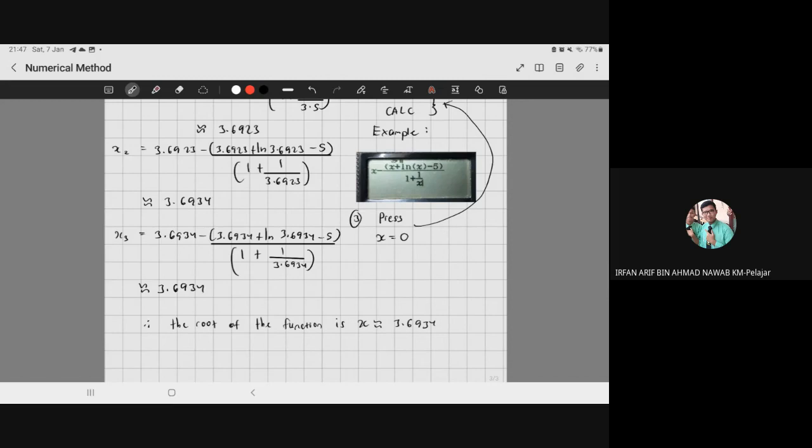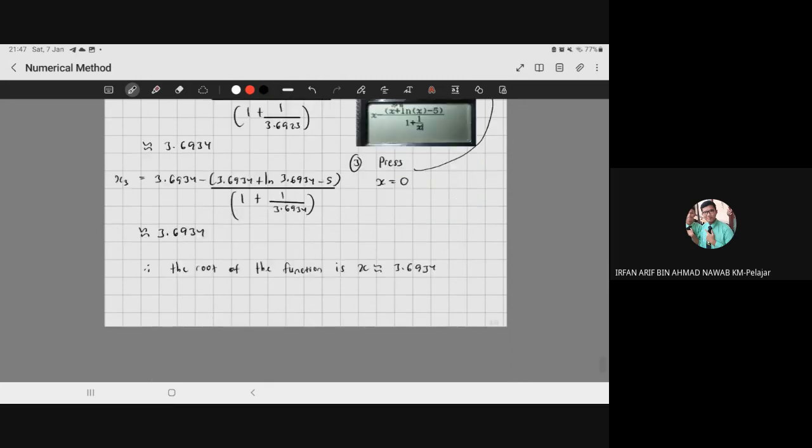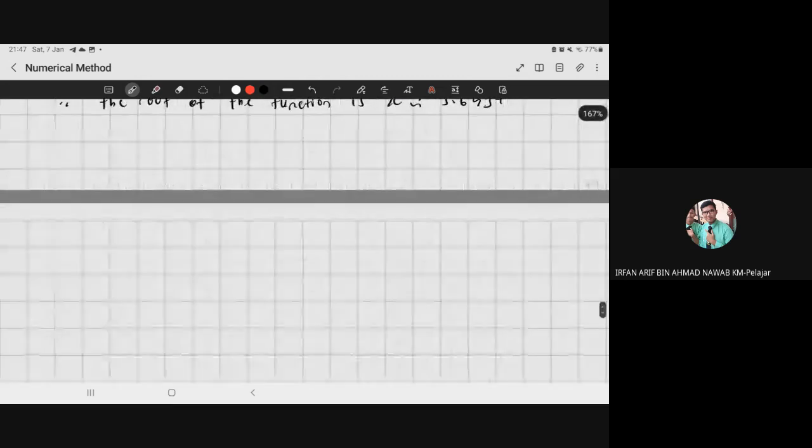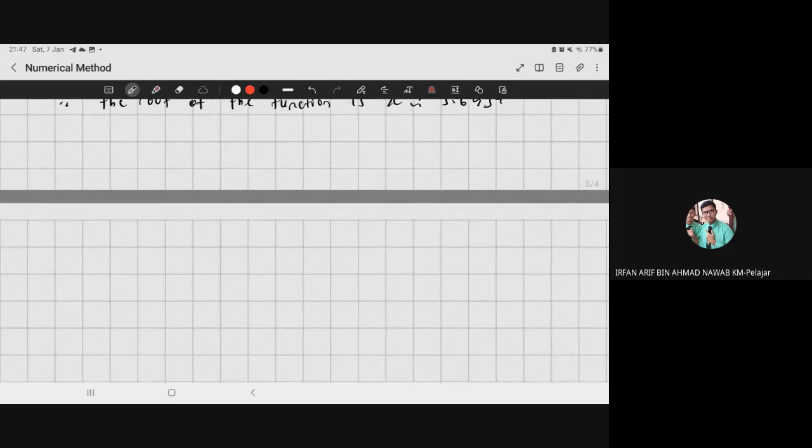So there is another form of question which I would like to show, but I will not use the actual question. I'll be using a really simple one, which is x is equal to square root of 2.